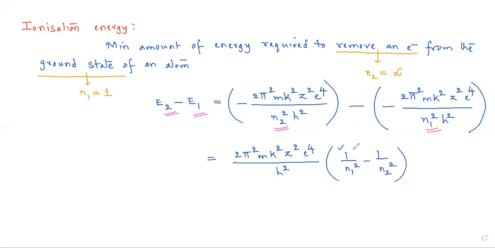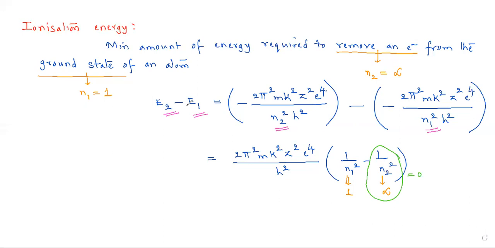The first thing is positive and the second thing is negative. Now, let us substitute the things. We know that n1 is equal to 1, n2 is equal to infinite. Now, this whole thing becomes 0 because 1 by infinite is 0. Now, what is the thing left out?